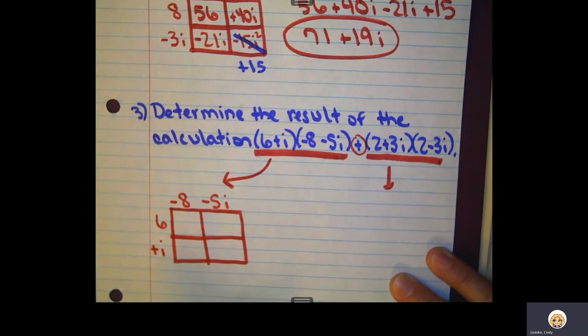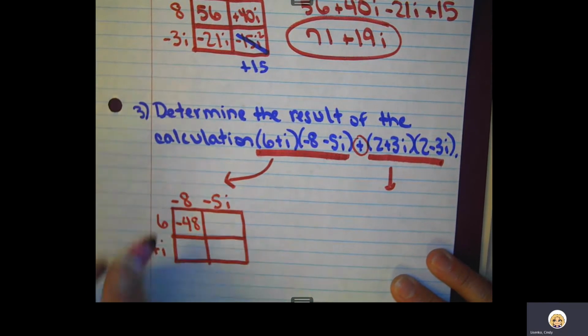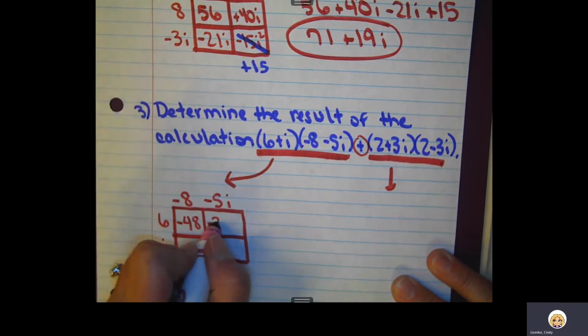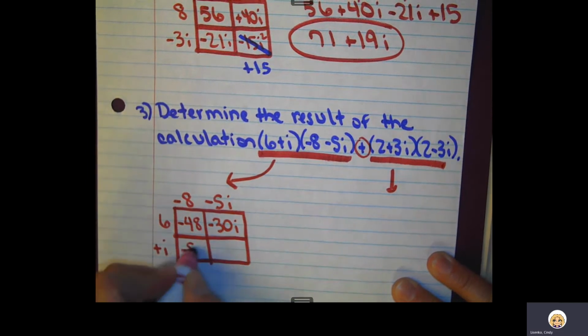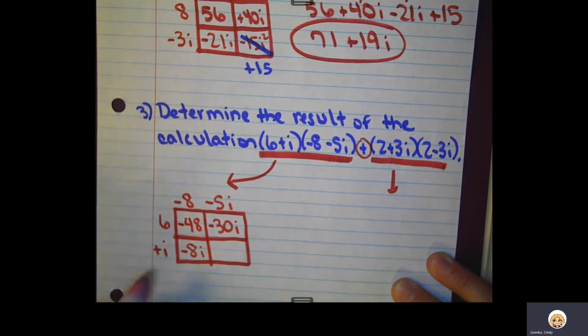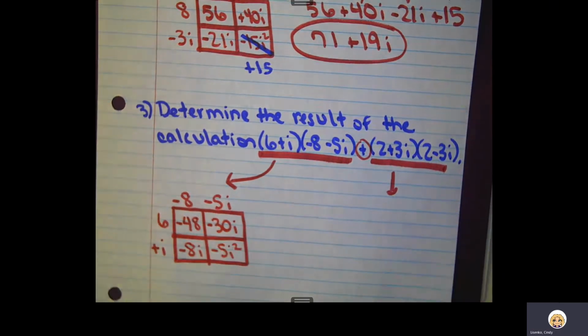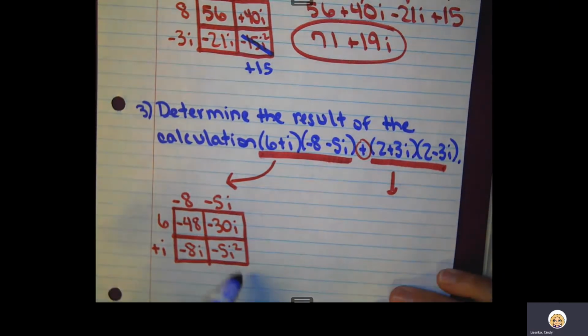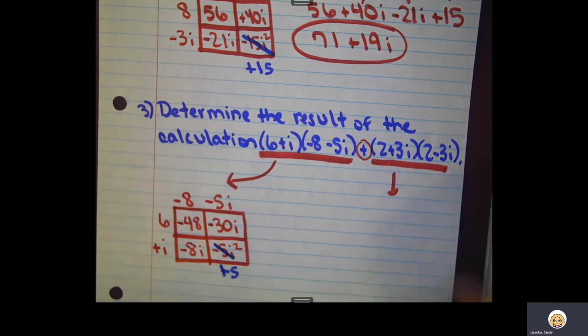If I multiply, 6 times -8 is -48. 6 times -5i is -30i. i times -8 is -8i. And i times -5i is -5i squared. But remember, when we have our i squared, it's like we drop that and change the sign. So this becomes a +5.